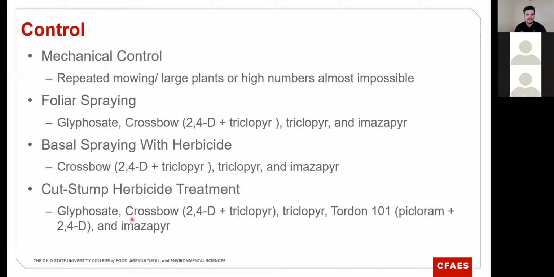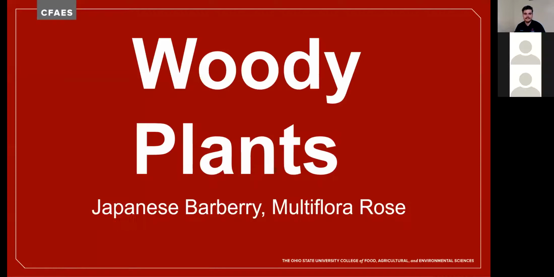With the cut stump herbicide treatment, you're getting it directly into the roots, and it's not having to go through the rest of the plant, hopefully meaning better control. And yeah, mechanical control isn't impossible, but just like everything else, you're going to have to come back year after year and make sure that you're keeping those suckers and shoots from growing anymore.